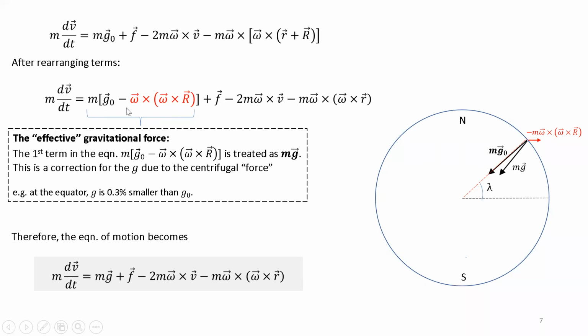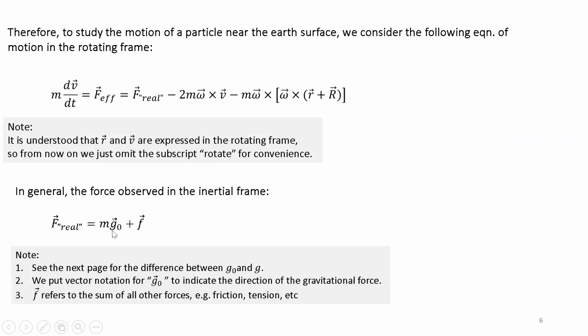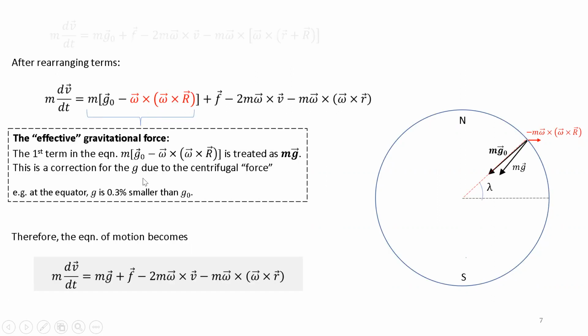You can see that the direction becomes slightly different, and the magnitude of this g is also slightly smaller than g naught. Now you might understand why previously I used g naught and now I use g.